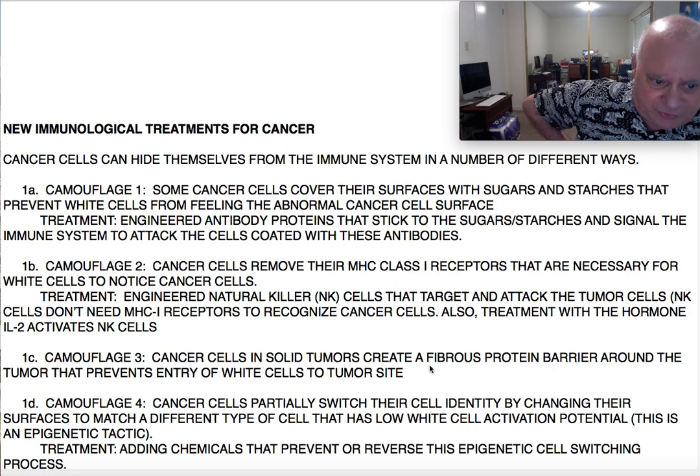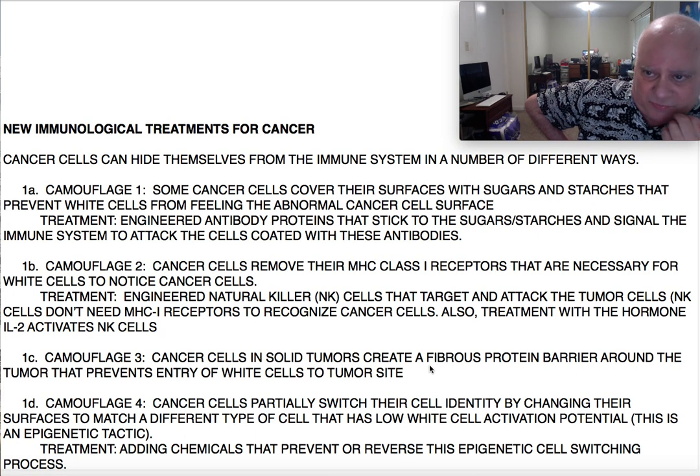Another way that we discovered recently that cancer cells camouflage themselves is through what's called identity switching, which is some cancer cells have the ability to create a surface that looks like a white cell or a benign cell. So they actually can do surface switching.